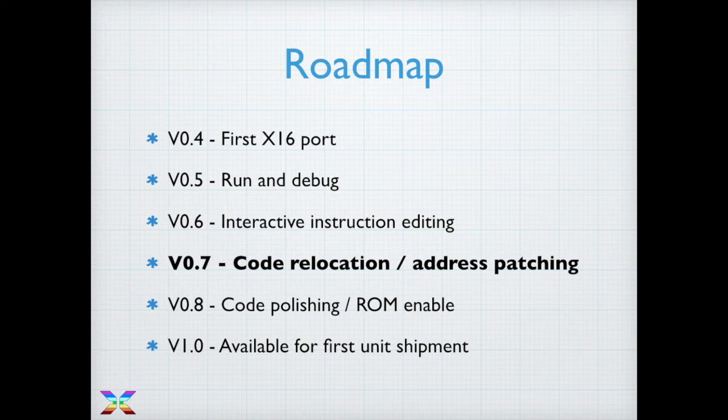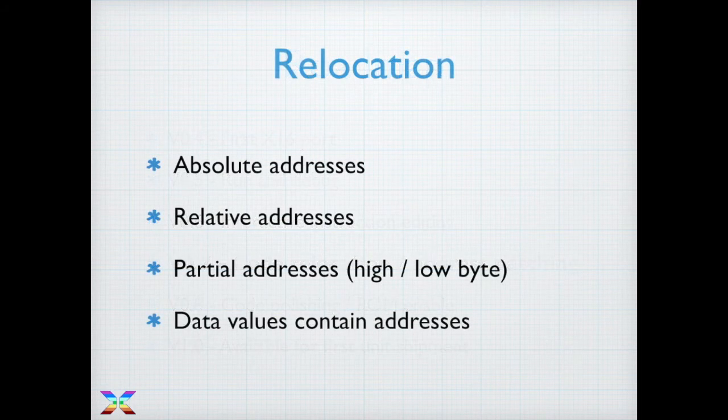What do I mean by code relocation? Well, let me show you what some of the problems are. One of the problems are absolute addresses. When you're using a 16-bit address, like with a jump or a jump subroutine or a load, that value can get changed if you move code around.